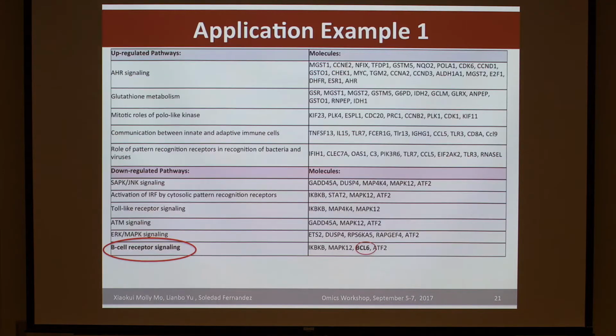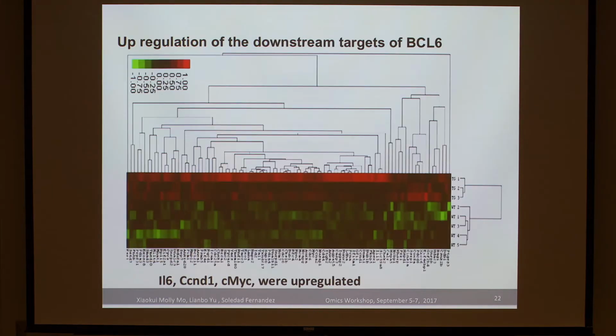And they found that in transgenic mice, BCL6 was down-regulated. So next, they extracted the downstream targets of BCL6 and drew the heat map.